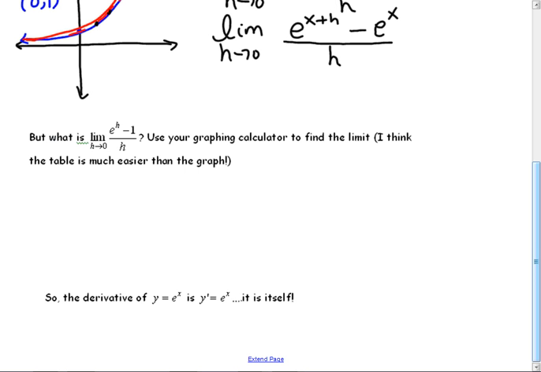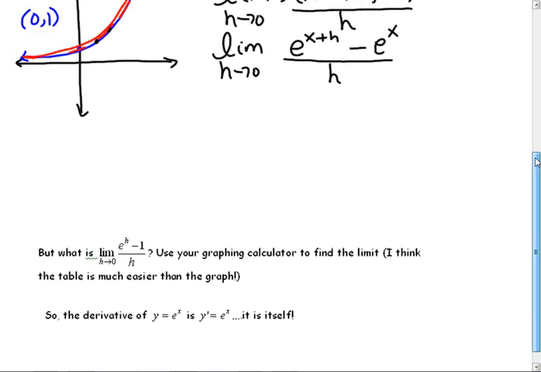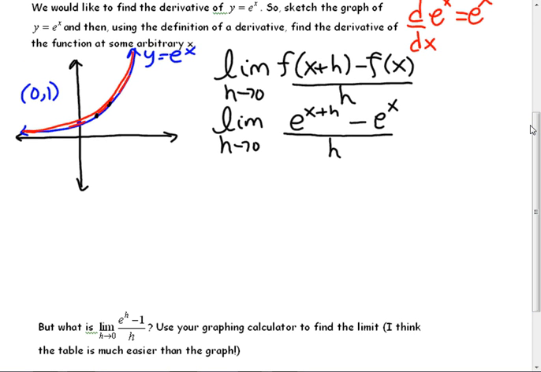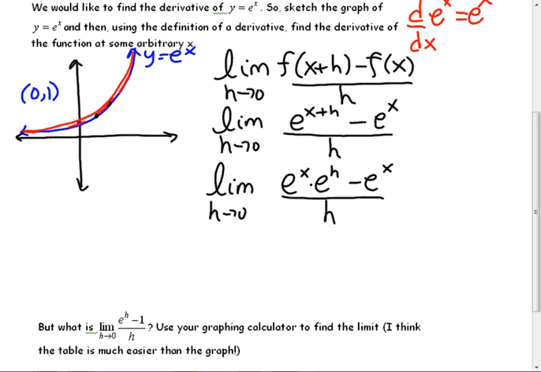But I can do a little bit of work. And in BC Calc, we have to do a lot of stuff with exponents. Can you rewrite e to the x plus h a little differently? The rules of exponents, so I can write that as e to the x times e to the h. I'm going backwards. If you have x to the m times x to the n, what do you do with the exponents?